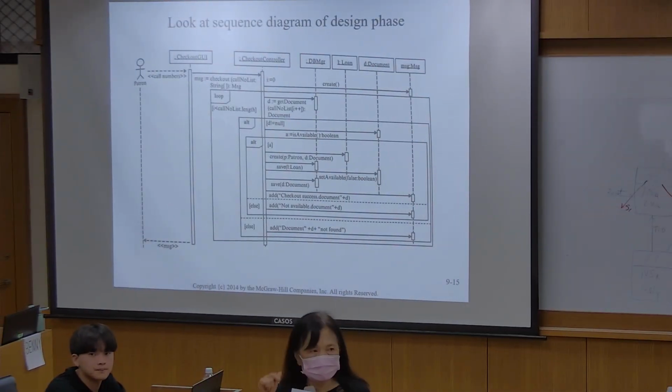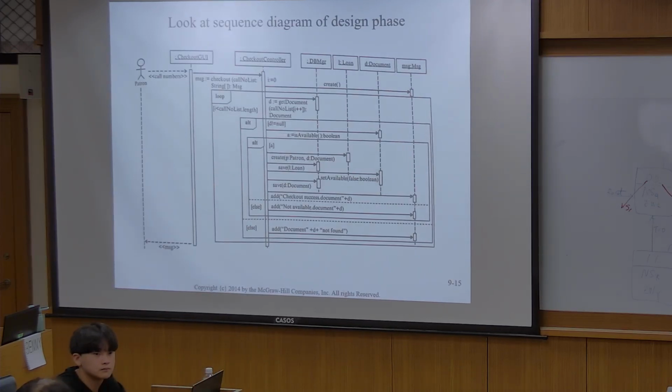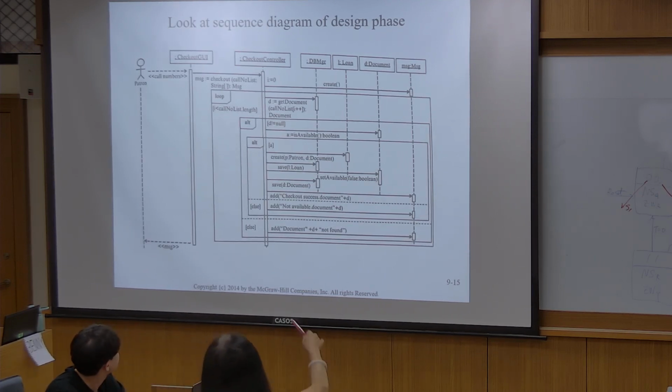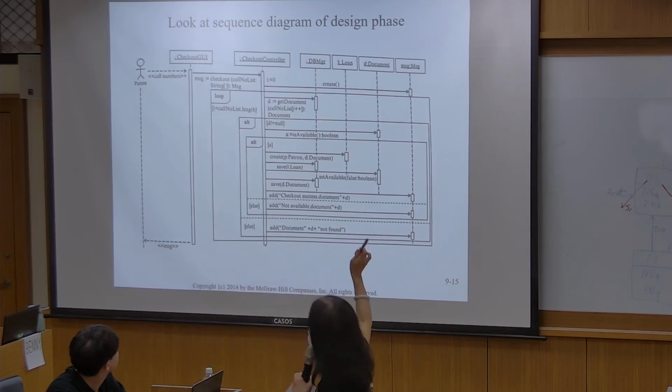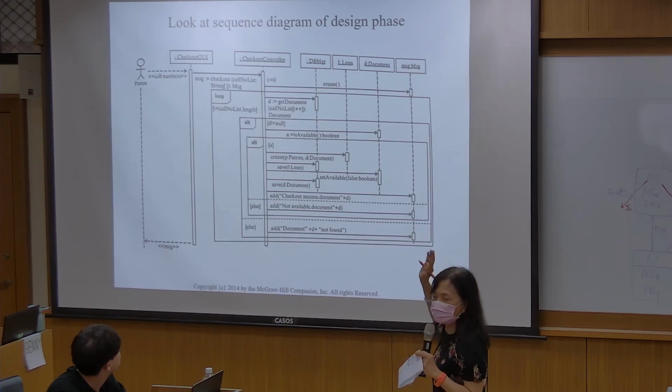The last piece, right? We need to check whether the document is available. Available, I just said that, right? So even if we have the documents, now we know that the patron is missing.